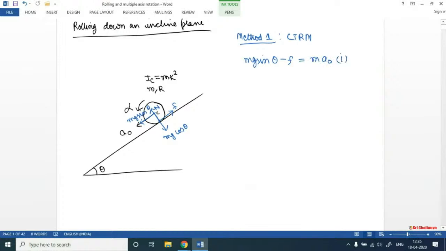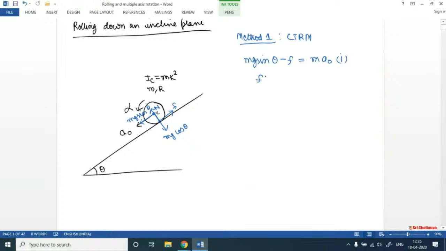And we will be writing the equation of torque about an axis passing through the center of mass, which in this figure is perpendicular to this plane. So now you see, about C, mg sine theta, mg cos theta and normal are not producing any torque. The only force producing torque about point C is the friction, and that would be in anti-clockwise direction.